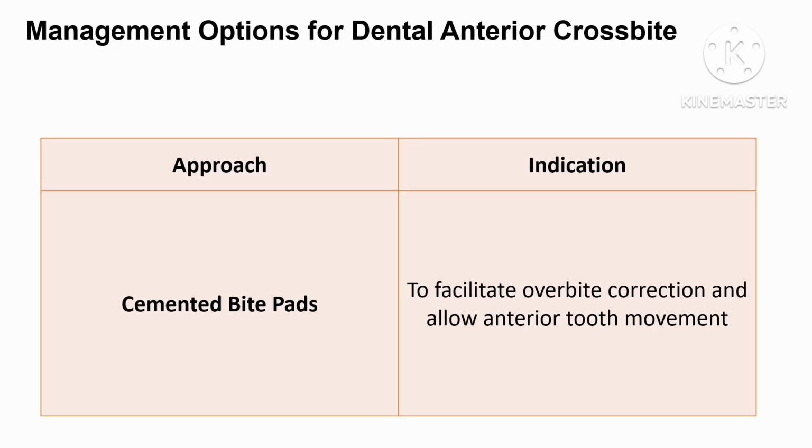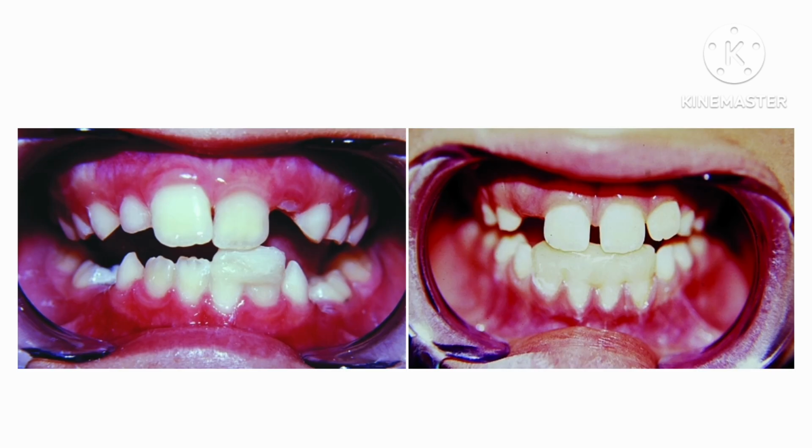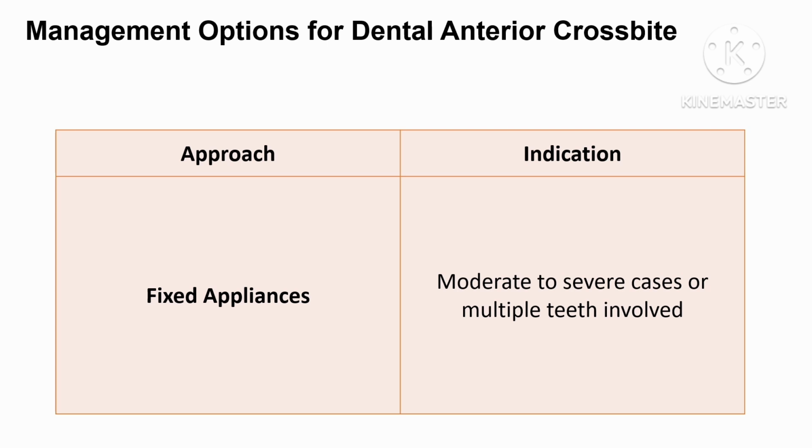Cemented bite pads on the lower molars can be used to separate the bite and allow upper teeth to move forward. In cases involving multiple teeth or root correction, fixed braces are preferred. Early management ensures proper bite development and prevents skeletal problems in the near future.